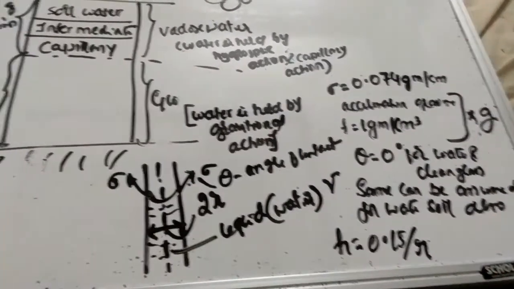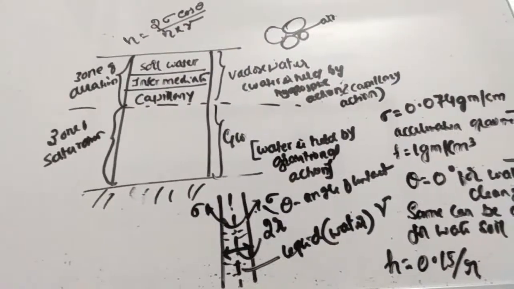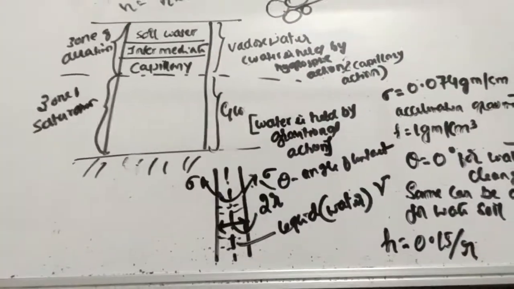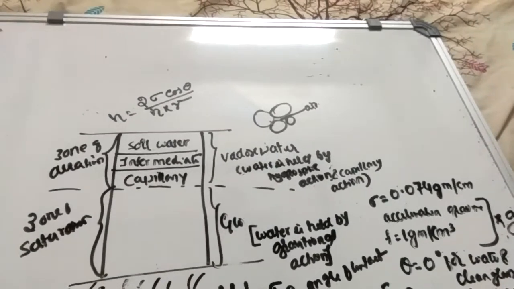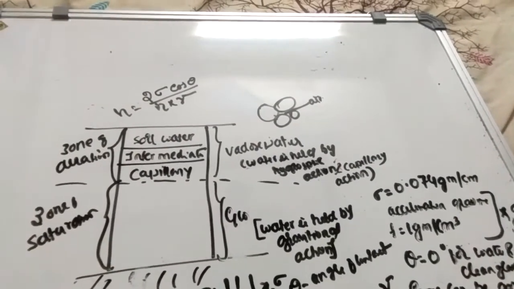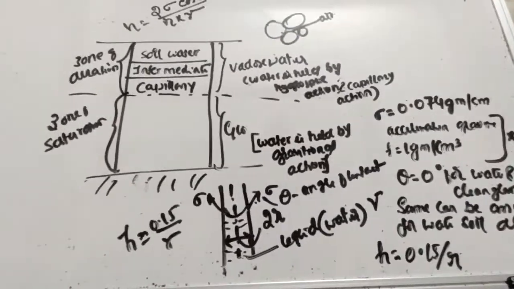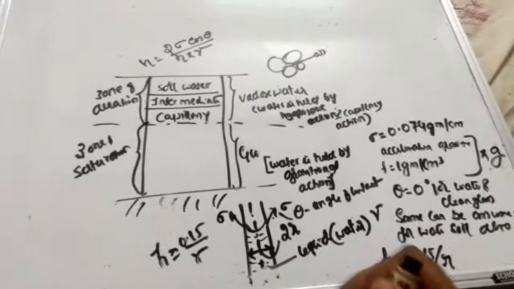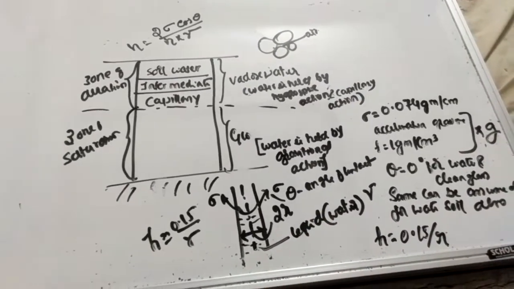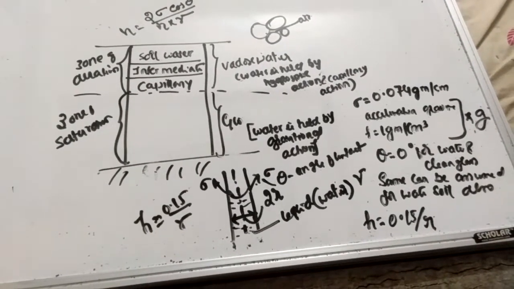As we can see, the capillary rise h, which determines the height of the capillary zone, is inversely proportional to the size of the capillary pores, that is, the radius of the capillary, approximated as an equivalent circular shape.